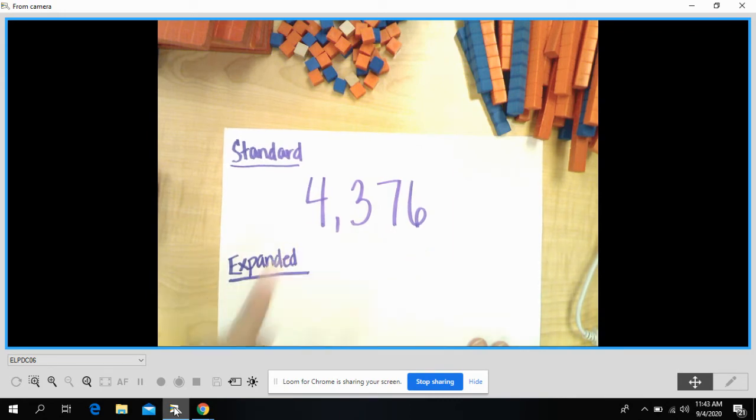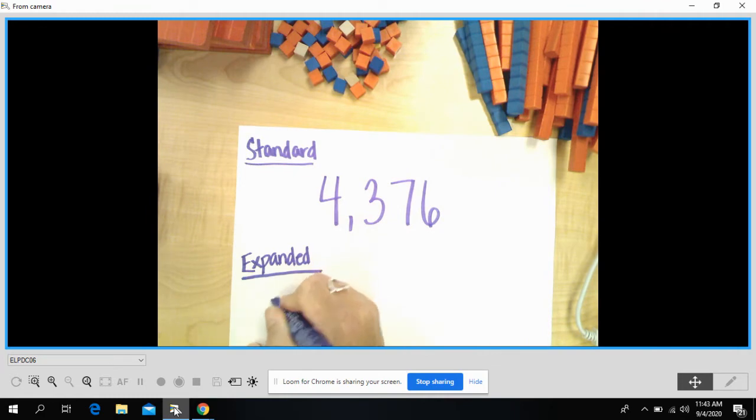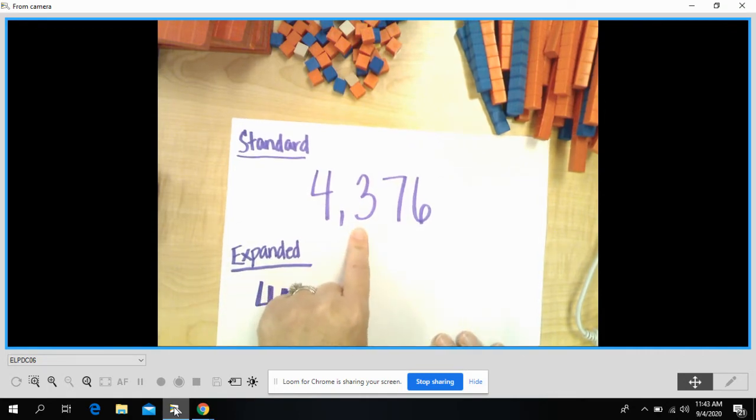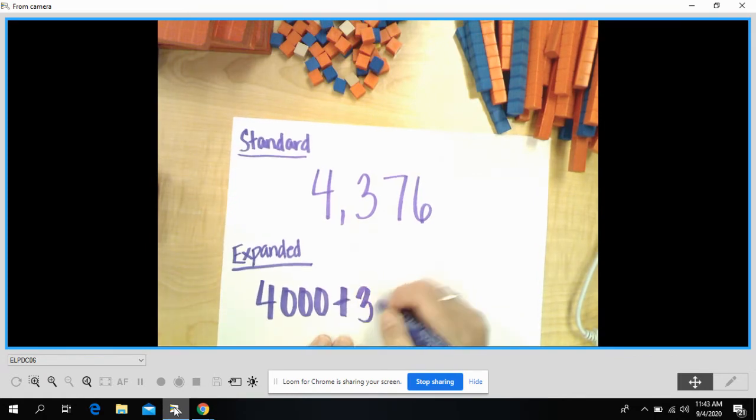So the value of this 4, which is 4 thousands, is 4,000. Plus the value of this 3, this is 3 in the hundreds place. So the value of the 3 is 300.